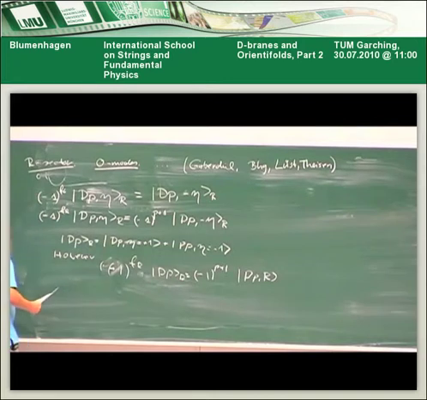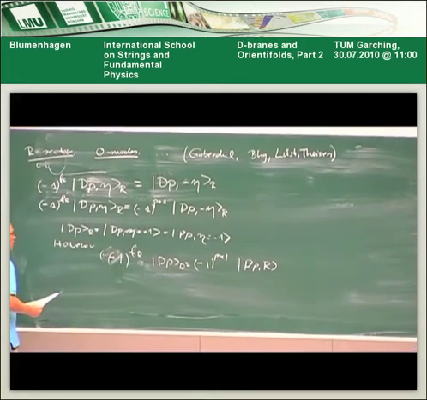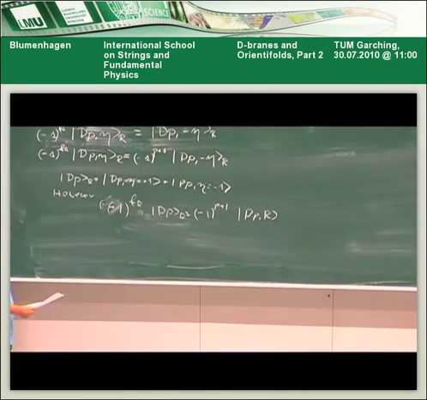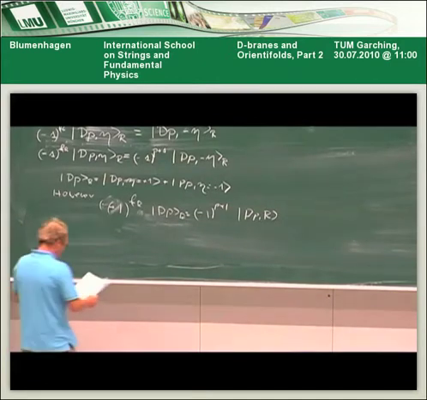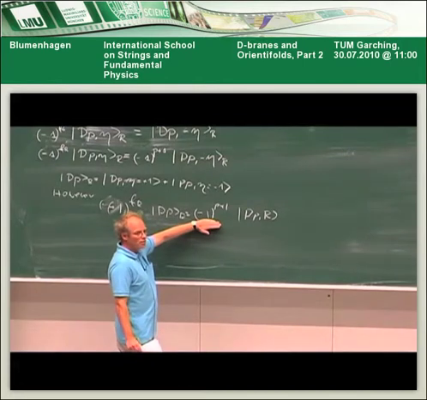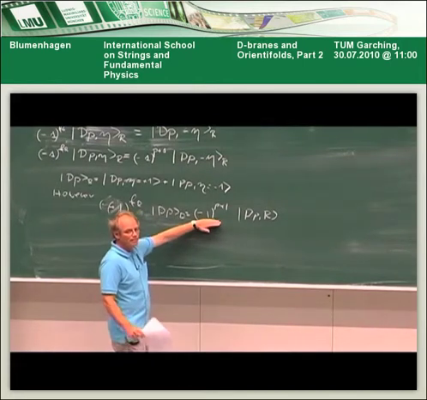And then it follows. So now comes the distinction between type 2A and type 2B. Remember, in type 2B we take the same GSO projection, whereas in type 2A we take the opposite one in the Ramond sector. This is the one we are talking about now. So if in one case you are allowed to have your positive sign, in the other case you are allowed to have negative sign.